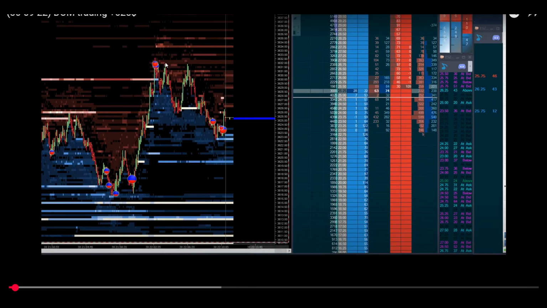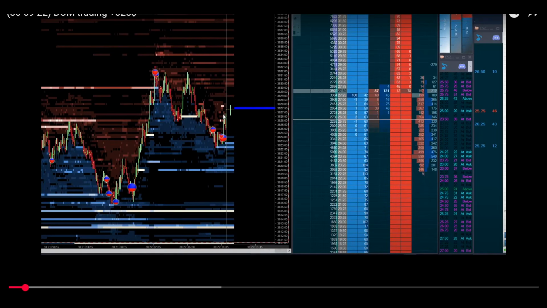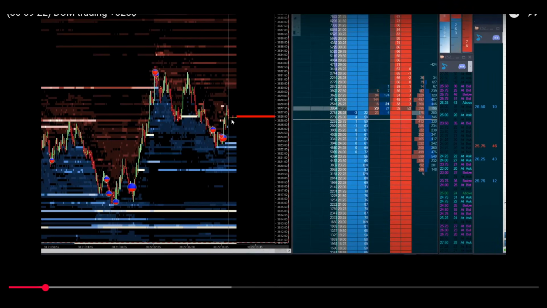Yeah, and so we just went up and rejected, as we can see, right here. So on the micro level, he's probably going to be looking at shorts right here. I'm not sure what happened to the left, but he's most likely going to be looking at shorts.